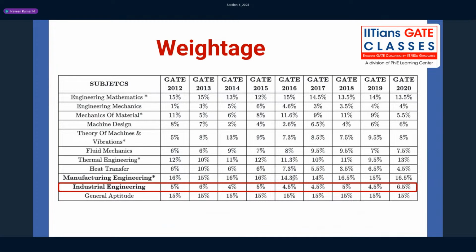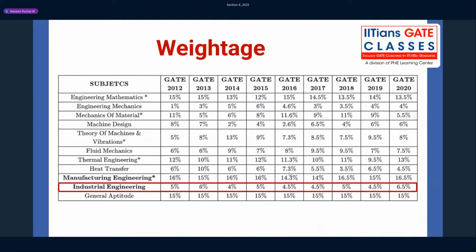By that you have to understand the importance of section 4, and it's very easy. It's not tough, in the sense that all are at the same level. But these topics are disconnected. There is no continuity from the previous topic. So let's say you're not good at forming, but you're good at welding, you can directly answer the forming question from welding.